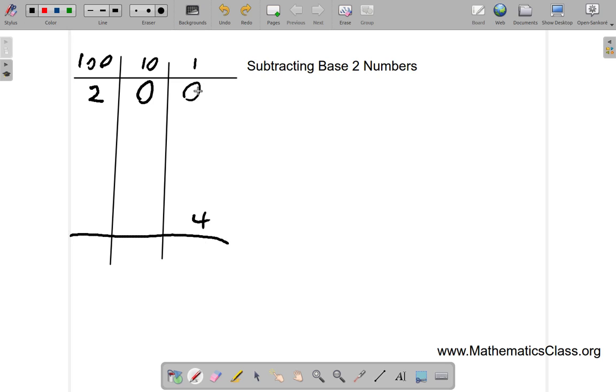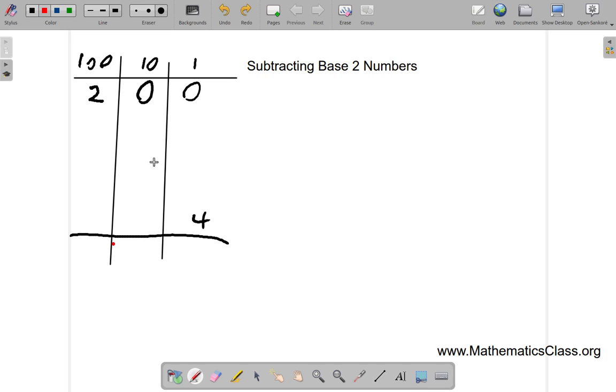Since you have 0 ones, 0 tens and 2 hundreds, let's divide up the 200 into 2 parts.